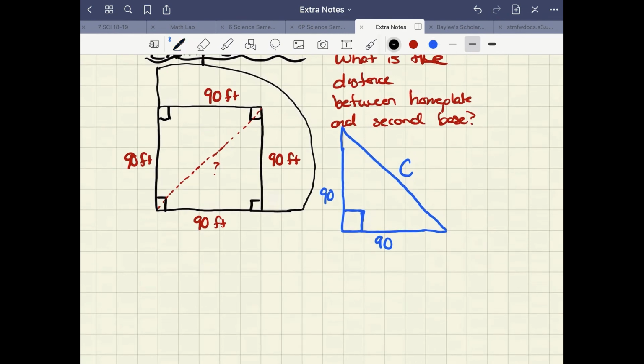The first thing that we do is we go a squared plus b squared equals c squared. We are going to go ahead and plug in our values here. So we have 90 squared plus 90 squared equals c squared.